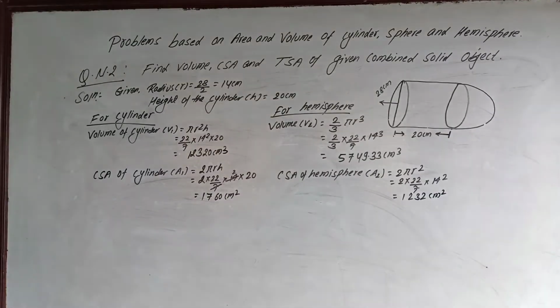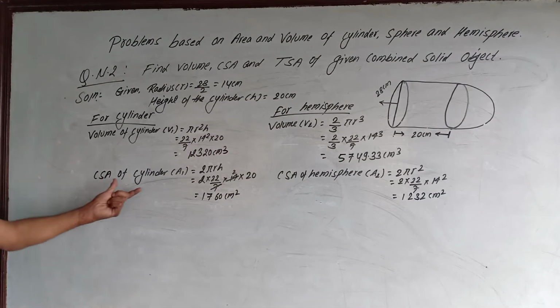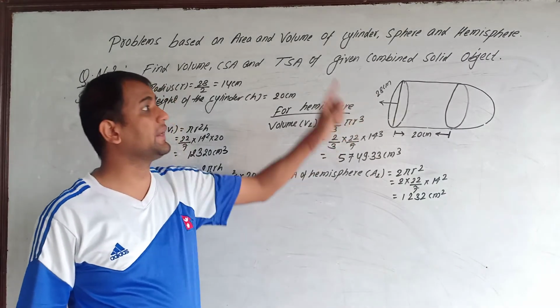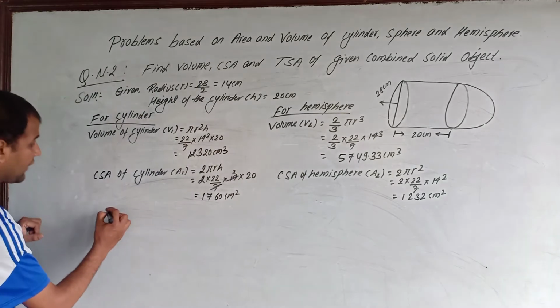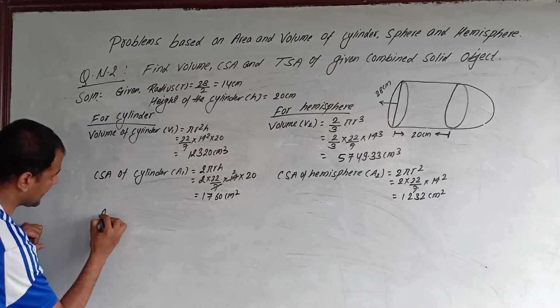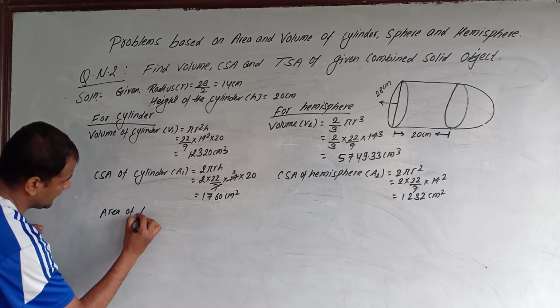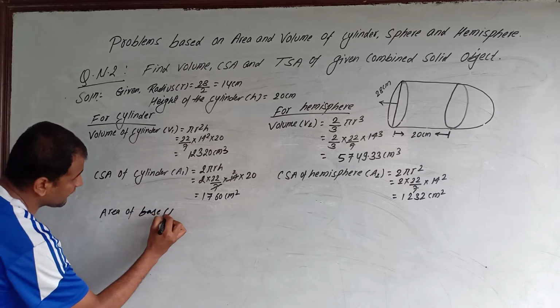And to find the total surface area, curved surface area of cylinder plus curved surface area of hemisphere plus we need the base area. So area of base, A3, right?